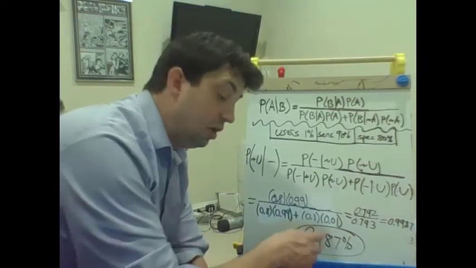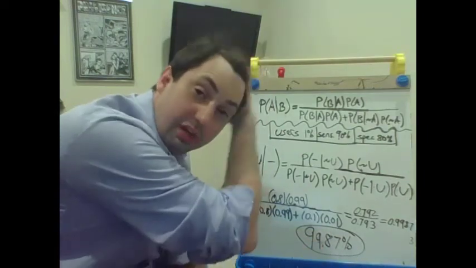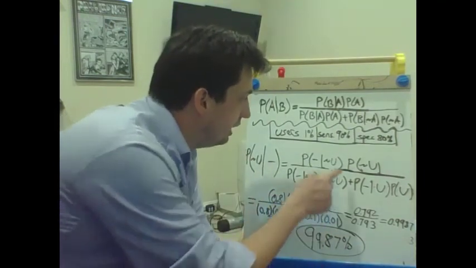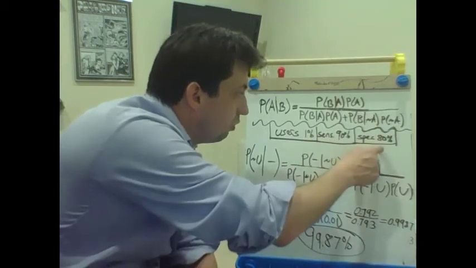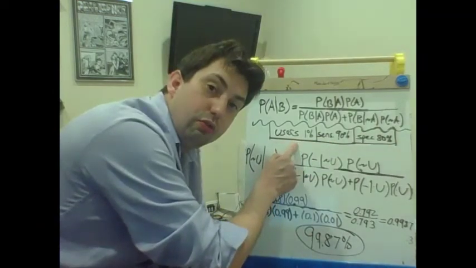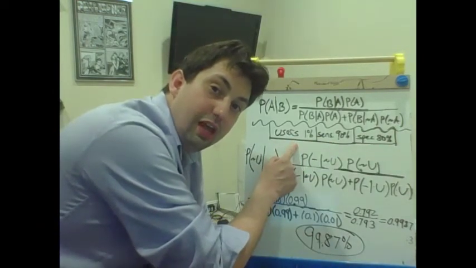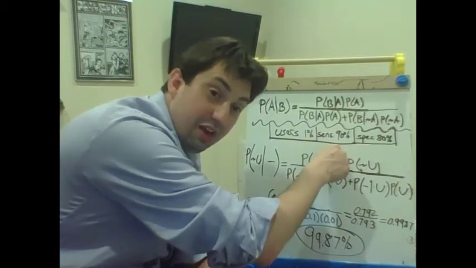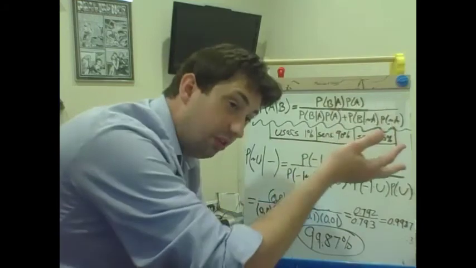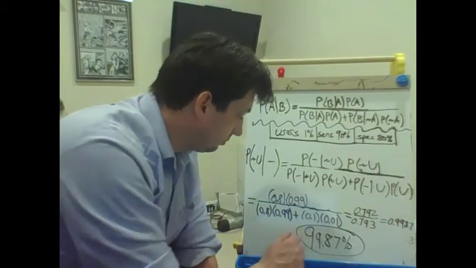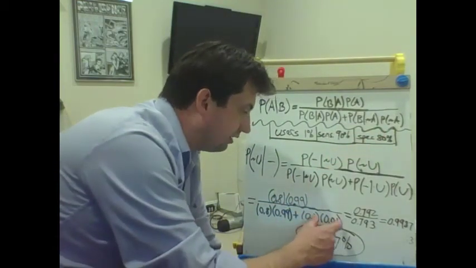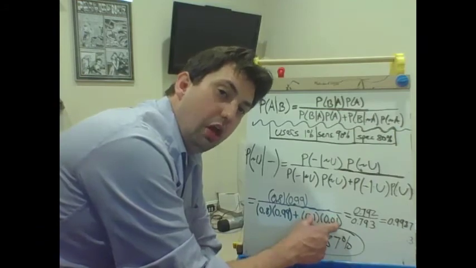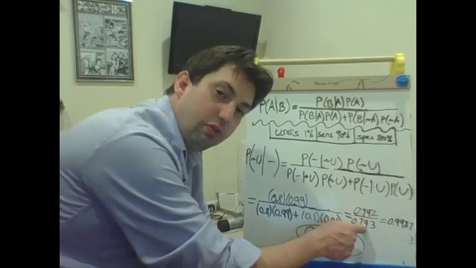We got a very high result because it's unlikely we'll encounter anyone who's actually a user of drugs, only a 1% chance. And then on top of that, the test has to be wrong, which doesn't happen that often, 10% of the time. And so that makes up a very small percent of our negative test results.